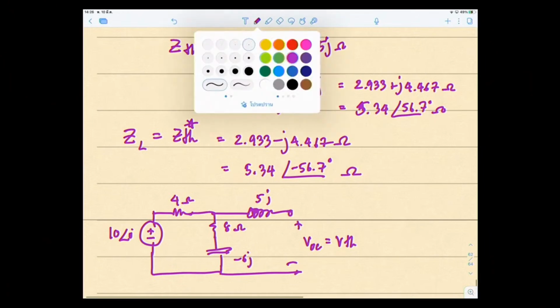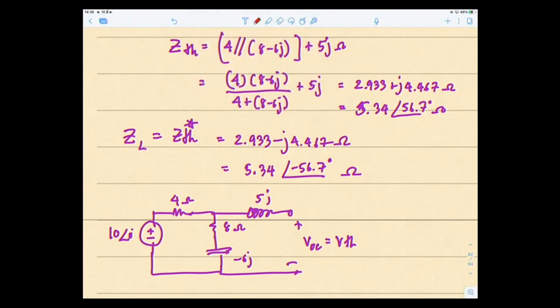Current comes out from the positive terminal of the source, goes past 4 ohms, comes to this junction. Of course the current cannot go here because it is open, so this is 0 amp and everything goes down here. There's no current through the 5J ohm, so there's no voltage drop.